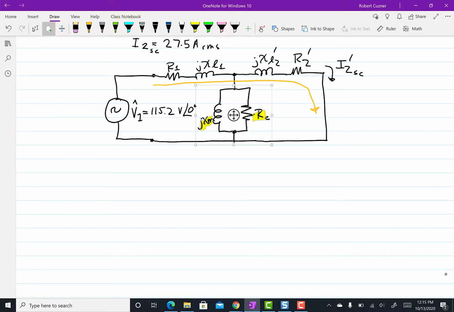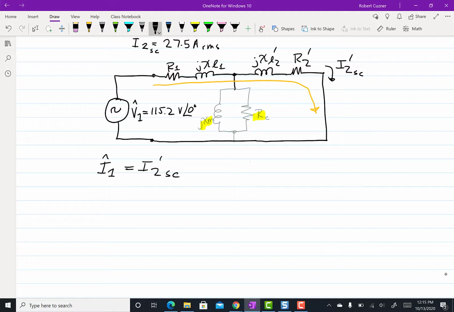Therefore, it is quite reasonable for us to neglect it. So we will basically assume it's not there. If that's the case, then the current from the input side, I1, ends up being equal to the primary referred short circuit current.